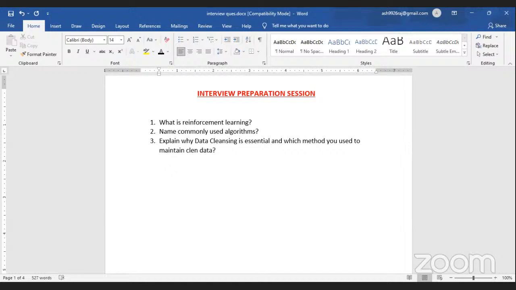See guys, these are the frequently asked questions in job interviews of freshers as well as experienced data scientists. So please learn carefully.